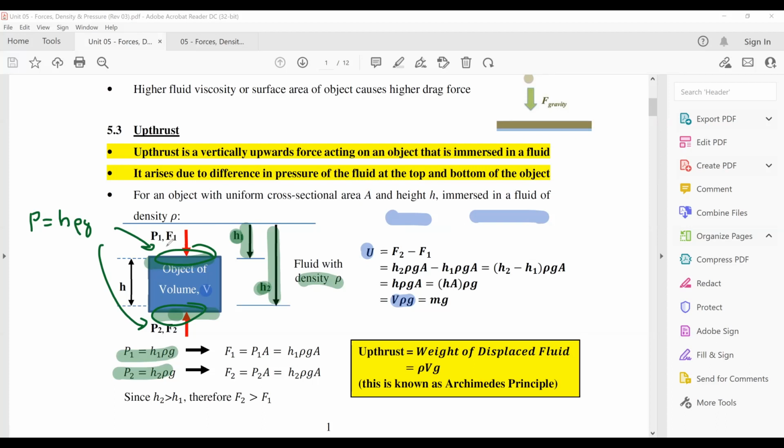If I try to draw it in 3D for you, you can maybe think of this object as being similar to a cube.